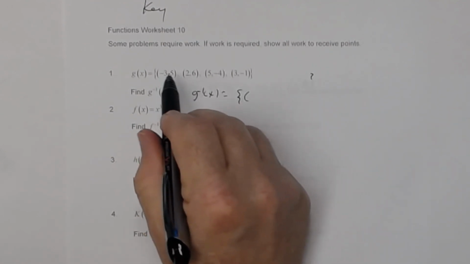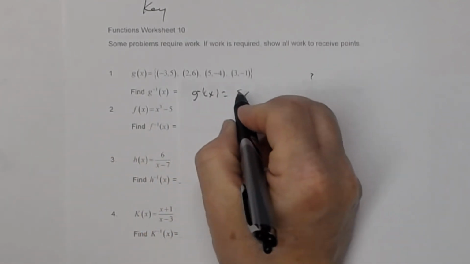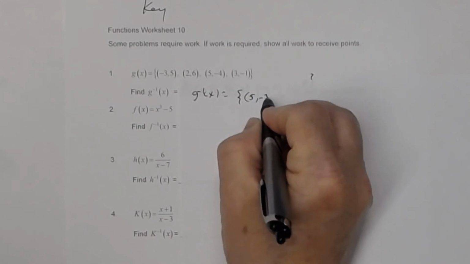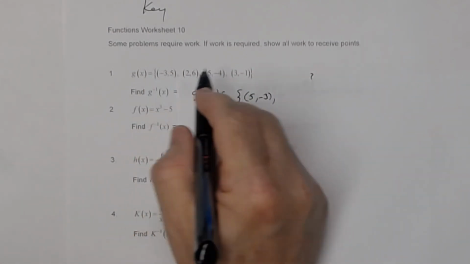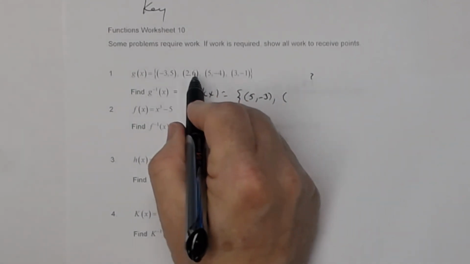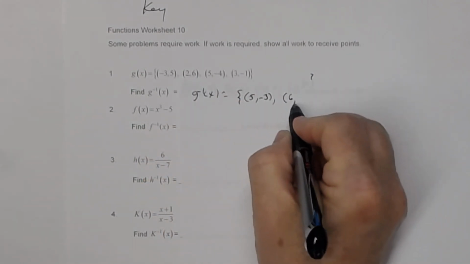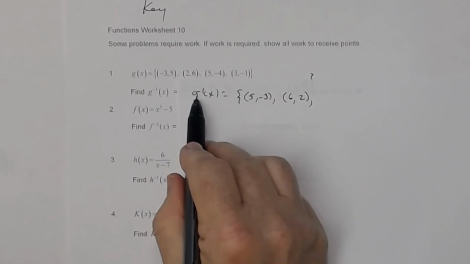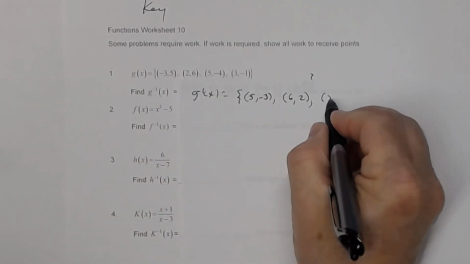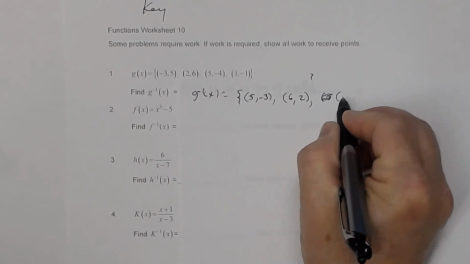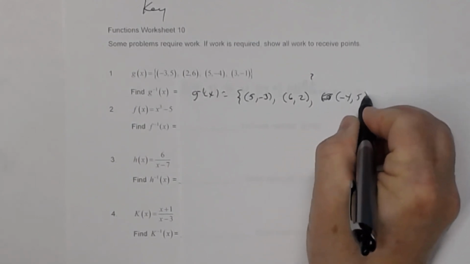On the inverse you just interchange the coordinates, so it'll be 5, -3. And then 2, 6 on g of x becomes 6, 2 on the inverse. So that's g inverse. 5, -4 becomes -4, 5.